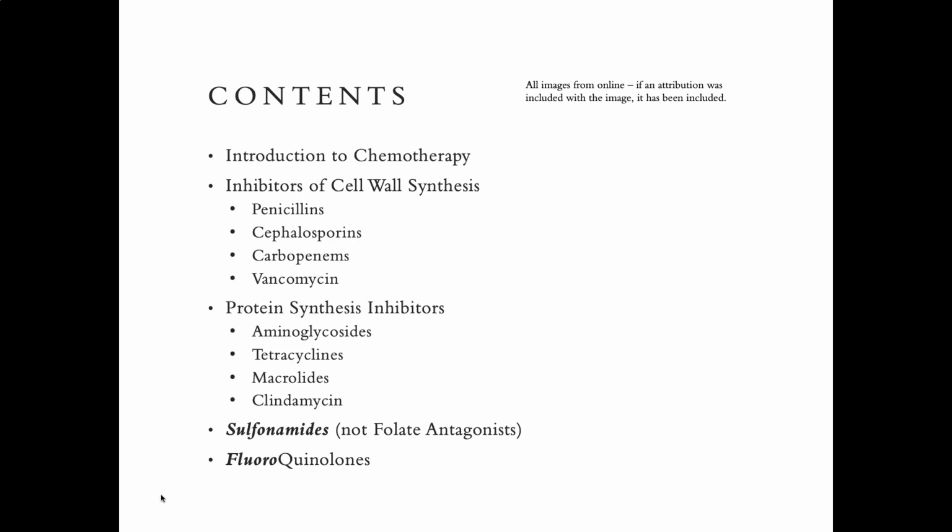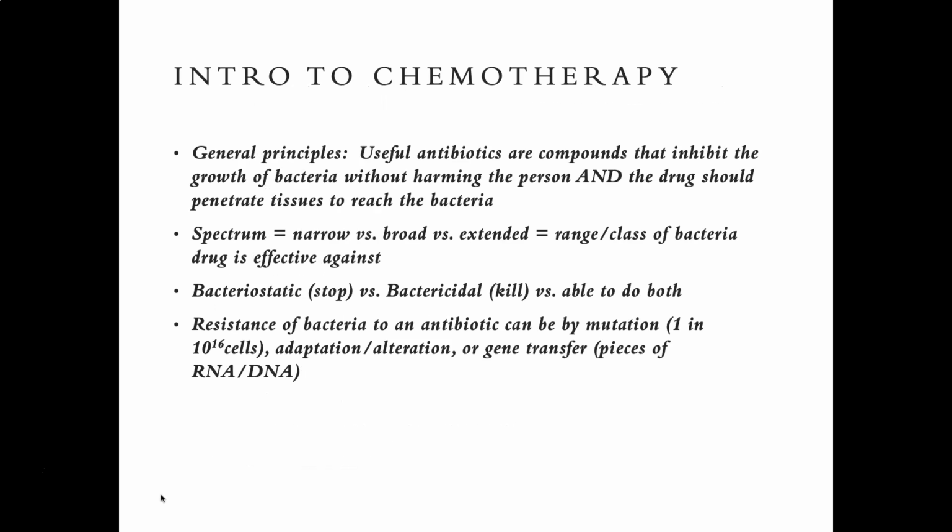So as you're studying for your quiz, mentally group the first 4 under cell wall synthesis inhibitors, the second 4 under protein synthesis inhibitors, and then know that sulfonamides and fluoroquinolones are neither one, and there are none of these drugs, none, that do both cell wall synthesis inhibiting as well as protein synthesis inhibiting, because you will need to know that for your quiz. Hint, hint, hint. All right, moving along.